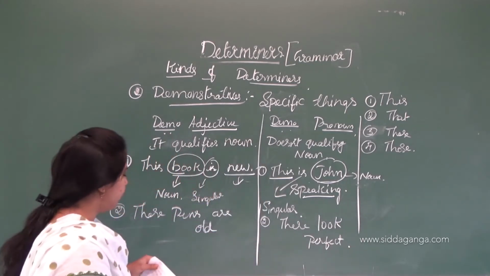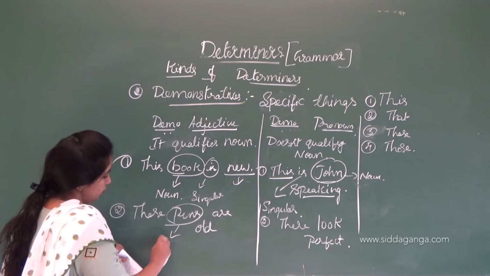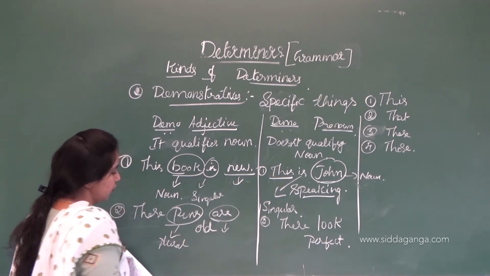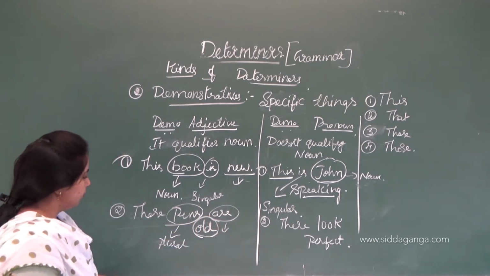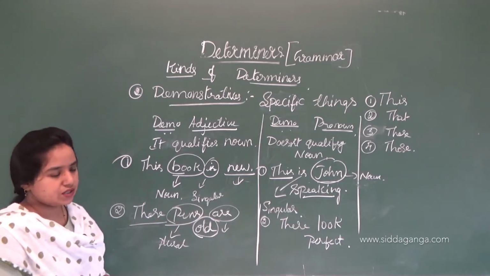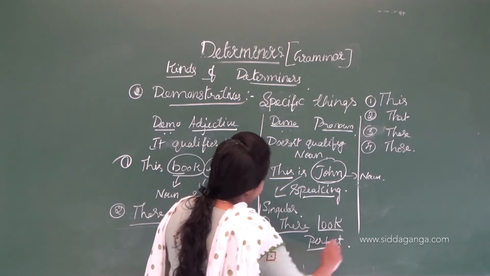These pens are, so the noun is in plural, and the helping verb is also plural, and old qualifies the noun. Here "these" is already used as a demonstrative adjective. And you can see here, these look perfect.